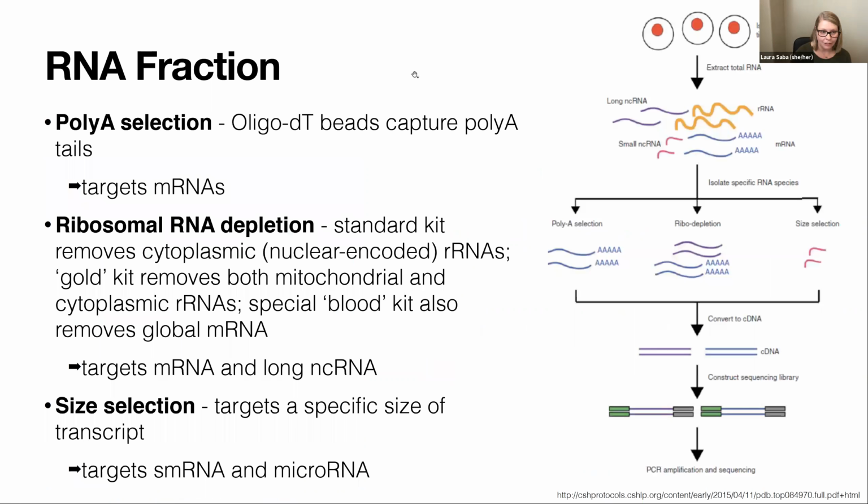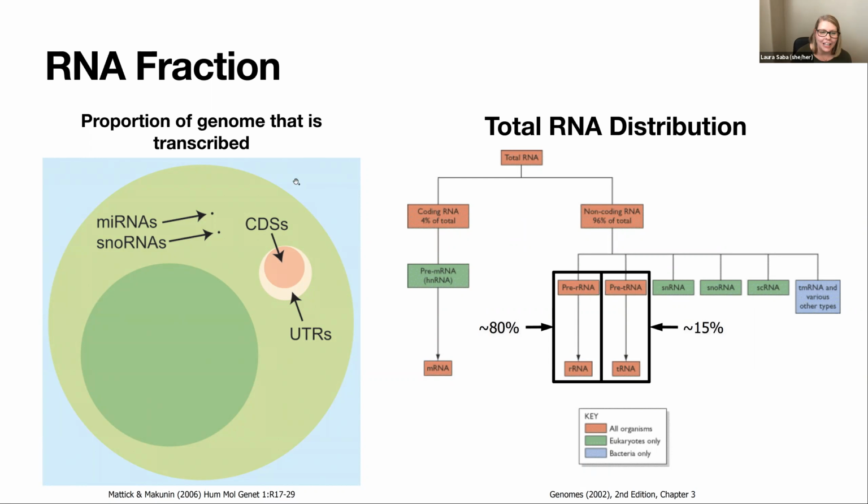But in general, if we think of this light blue part of the square as being the full genome, then within this bigger circle are all the areas of the genome that we have some evidence of being transcribed.